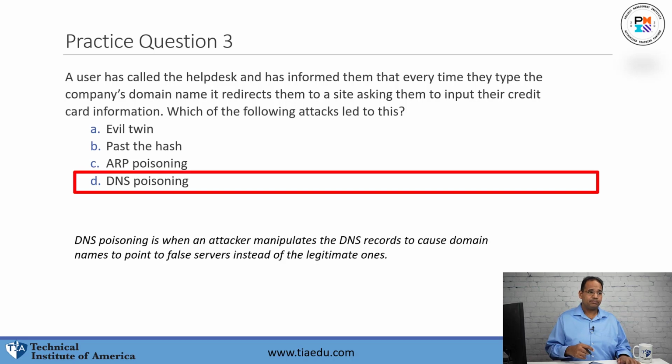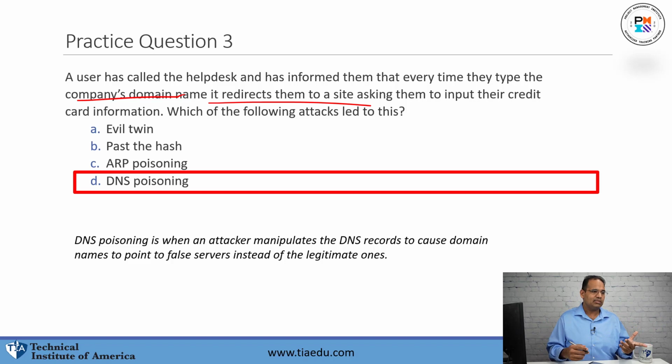And the answer here is DNS poisoning. Now, first of all, this one I thought was pretty easy because it says here company's domain name, it redirects. So it's manipulating something with a domain name. So if you're able to say, okay, domain names, how does that link? Well, domain name translations to IP addresses are done with DNS.